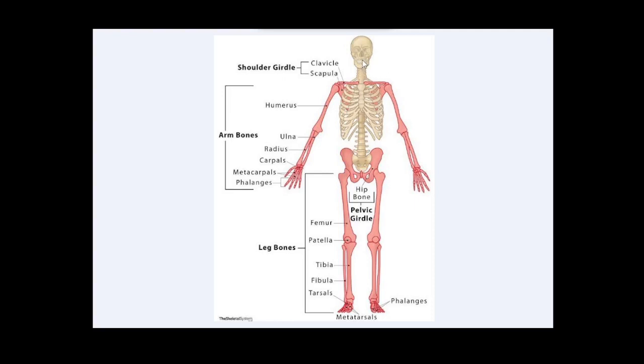As you can see, we have a whole lot of bones making up the mammalian skeleton, right from the head here to the arms, the upper limbs, and the lower limbs.